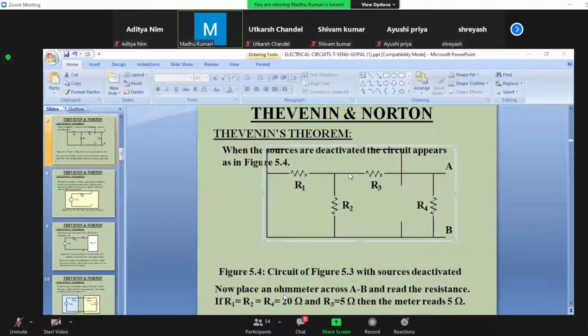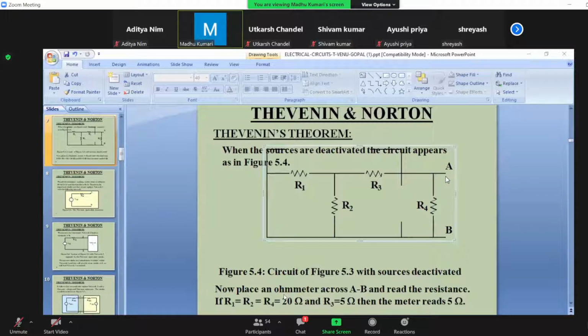Here R equivalent is used when the voltage source and current source of the circuit are deactivated. How will it be deactivated? Current source will be opened and voltage source will be short circuited. Then you have to calculate.